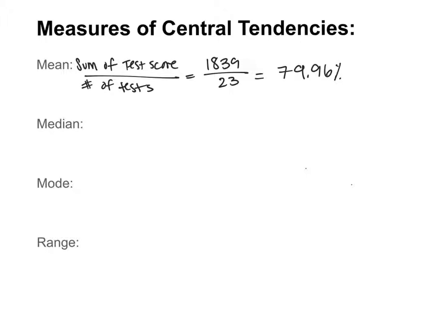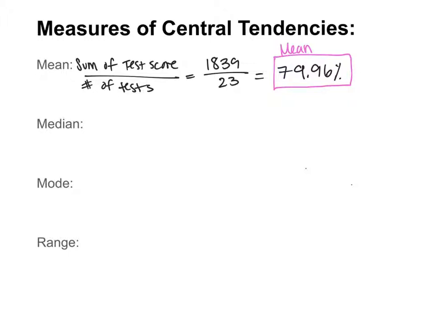Looking at this number here, if I put this in the grade book, it would count as a B. Like it would round up to 80% here and be a B. So the average test score looks like a B here. So this is the mean. I want to see the computation and the answer, the results.